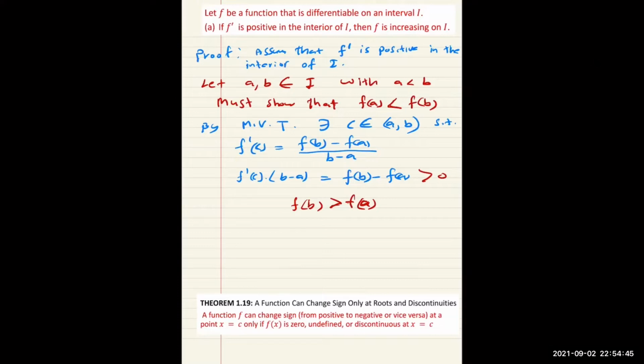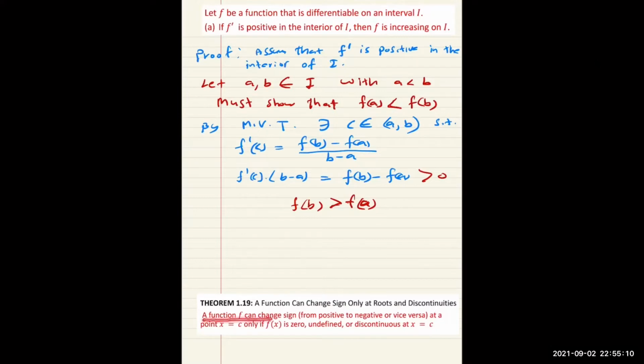Next, before I go to my next example, I want to state a theorem that we discussed previously in section 1.4, theorem 1.19. A function can change sign only at roots and discontinuities. Here is the statement of the theorem.